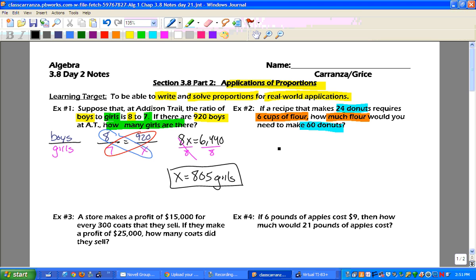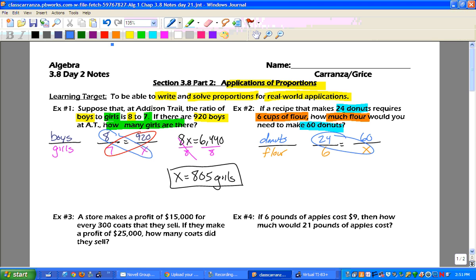So the 2 things that we have are the donuts and the flour. So let's set up our proportion. Donuts go on top, 24 donuts and 60 donuts. And then we have 6 and x.